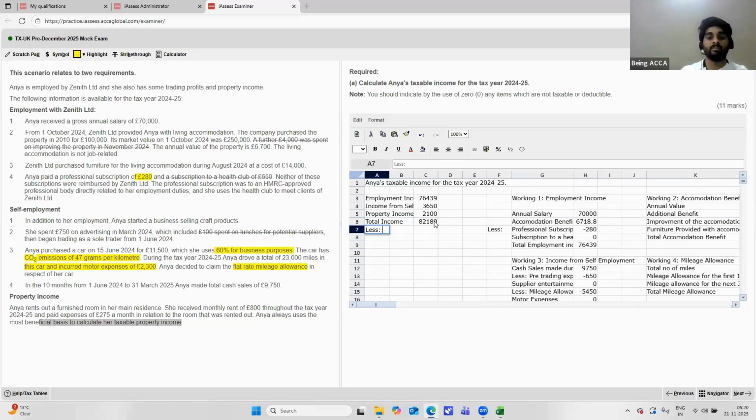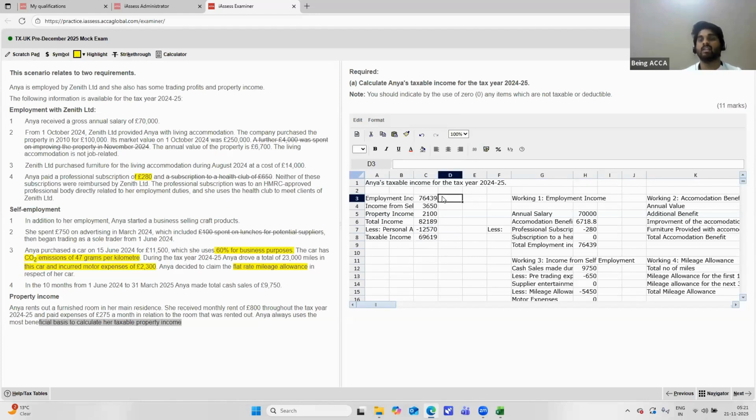So less personal allowance would be equal to minus 12,570, then giving us a total taxable income equal to the sum, giving us a total of 69,619 pounds. That is the taxable income of Anya.